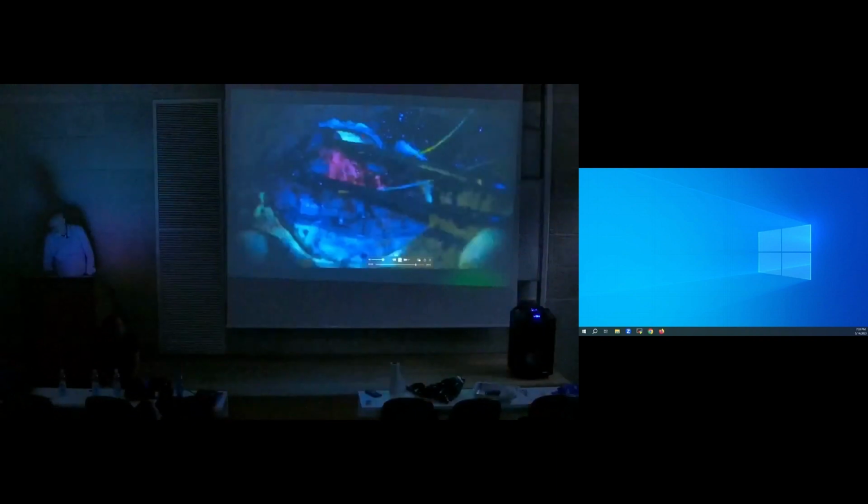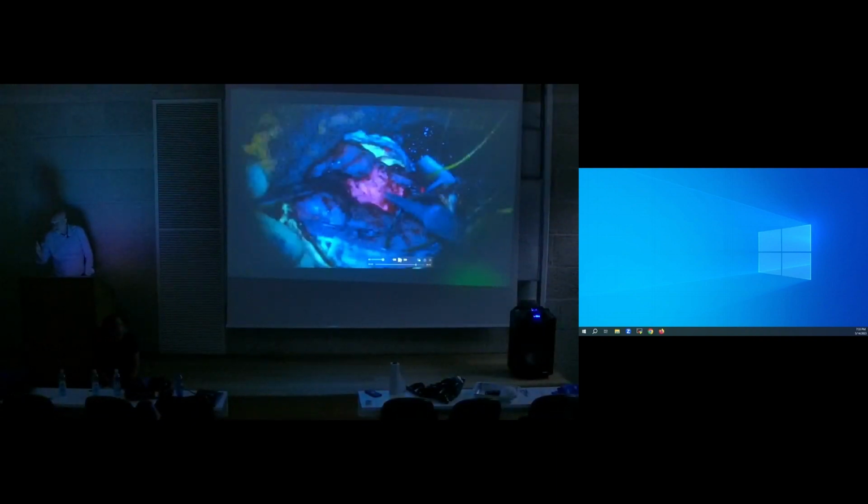And now I was under the impression that the tumor is removed, and you see this alpha-5-ALA signal, protoporphyrin 9 signal to be exact, is still there, but it's not as intense as it has been in the brain tumor itself. So this is the infiltration zone, and there is functionality in it.